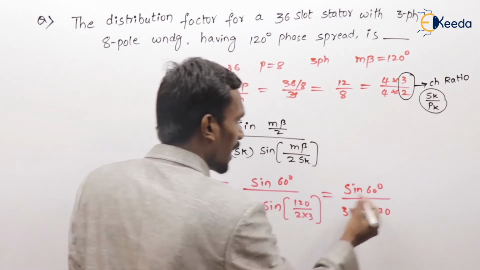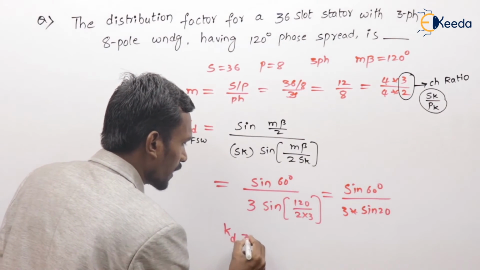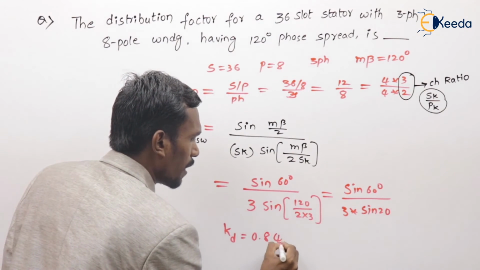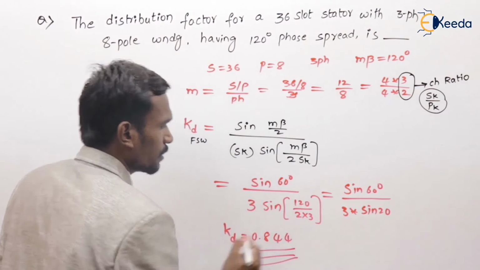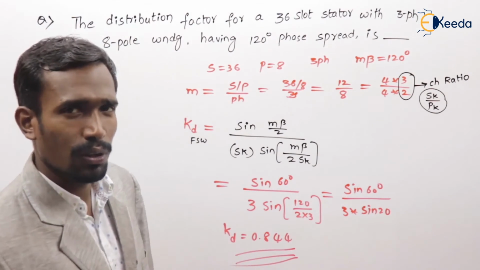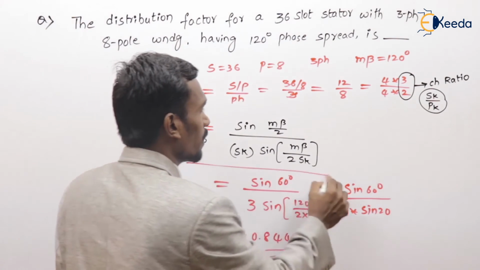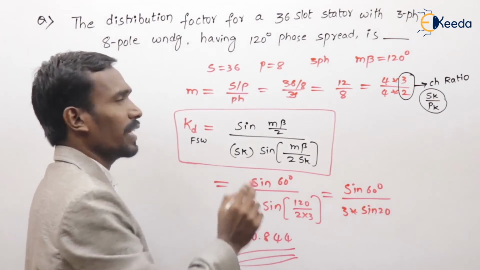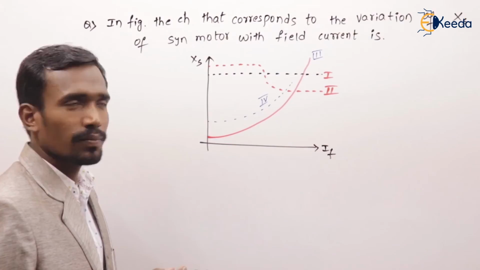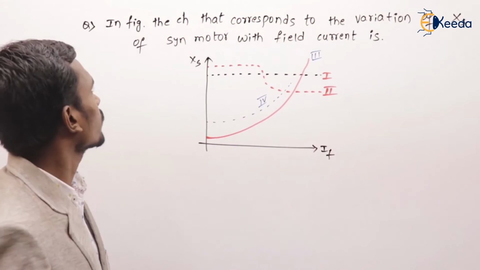If you calculate this value, we get the answer 0.844. See here, this is the formula for fractional slot winding. It is very important. Okay, next question.